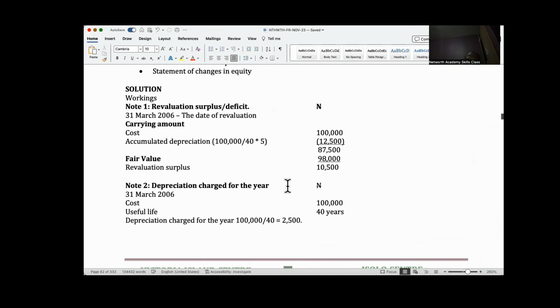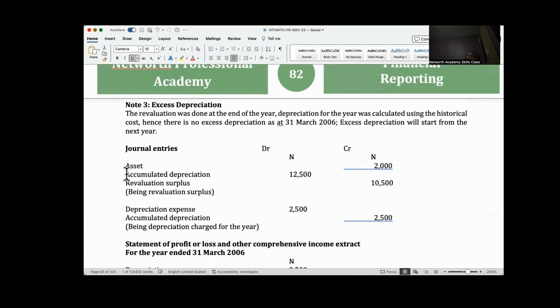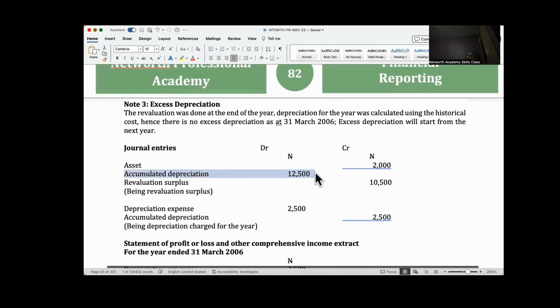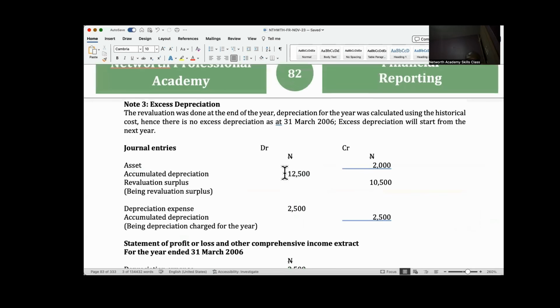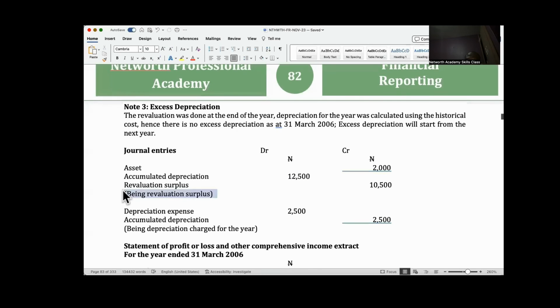Then, whenever we revalue, the accumulated depreciation till the date of revaluation must be written off or cancelled out. And that is why I'm debiting accumulated depreciation by 12,500. So my debit side is 12,500, my credit side is 12,500, and my narration is revaluation surplus.